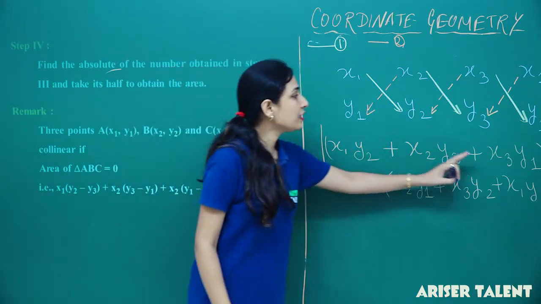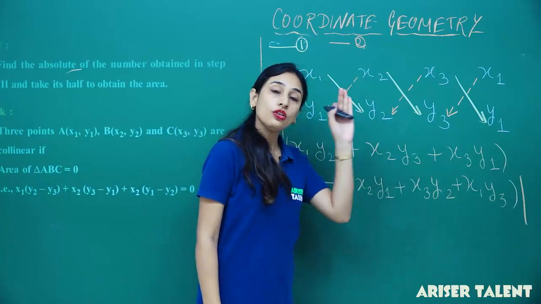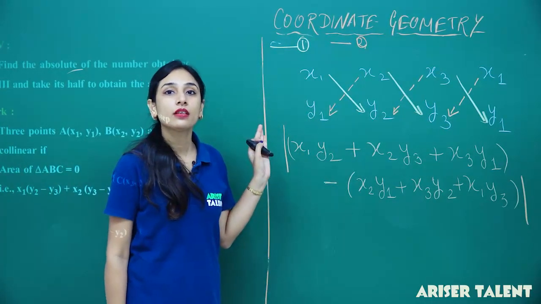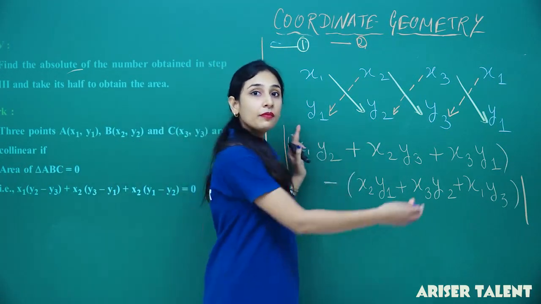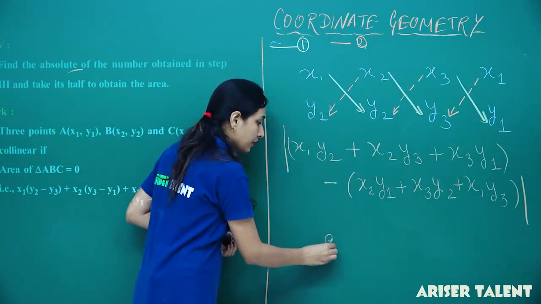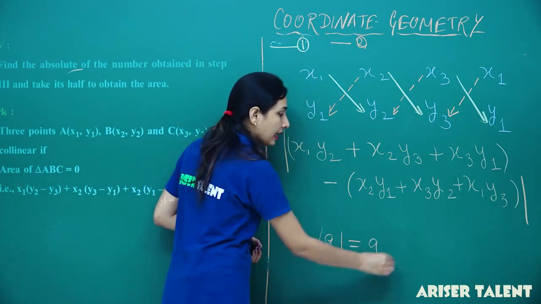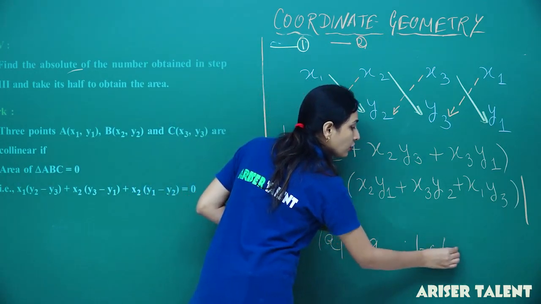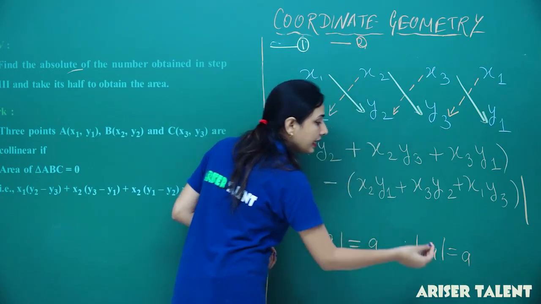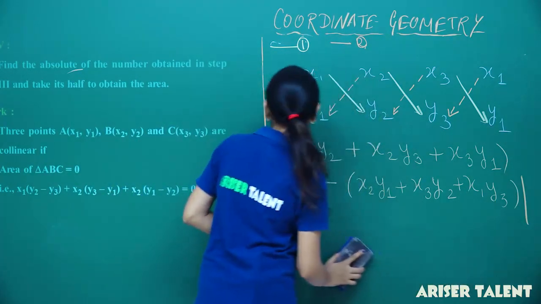That means if it's positive, you will write the value. If it's negative, you will write the value as positive anyway. So if the value of this complete expression is, let's suppose, A, you have found the value A. So this mod will be equal to A. Again, minus A will also be equal to A. So either way it is going to be positive. Okay.